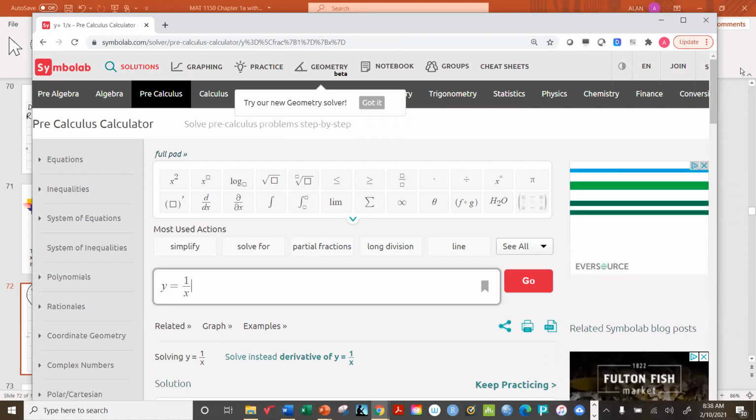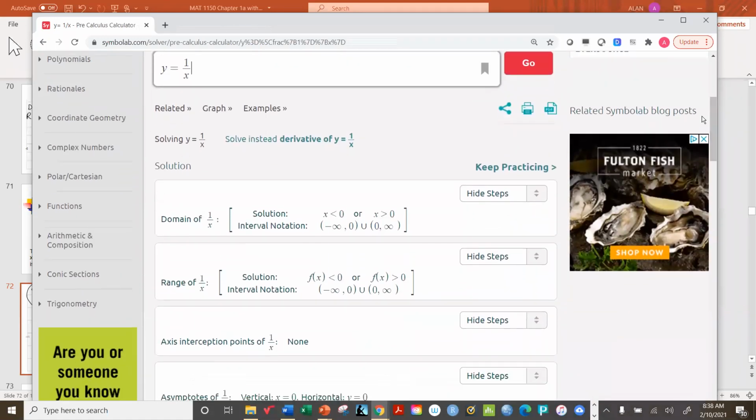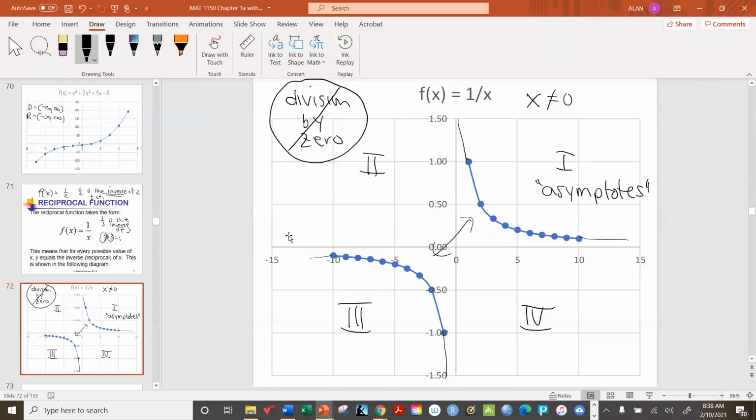So if you look down below, they'll point out to us quite correctly that the domain of this function is all numbers except for 0. We cannot substitute 0 into this function, as we've just seen, because that would lead to division by 0. So the domain can be written as negative infinity up to but not including 0, and 0 up to but not including infinity.